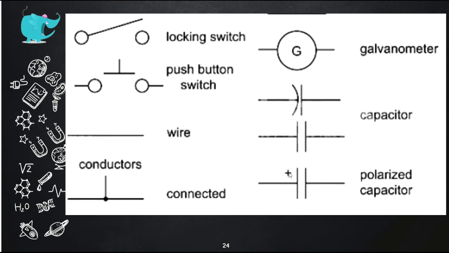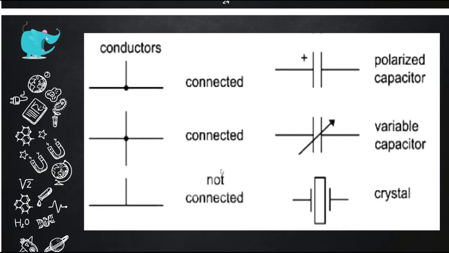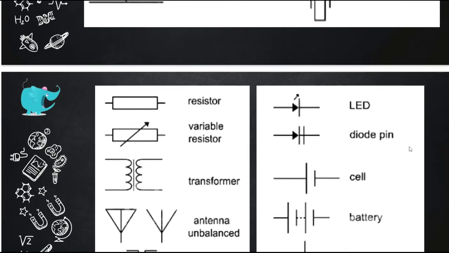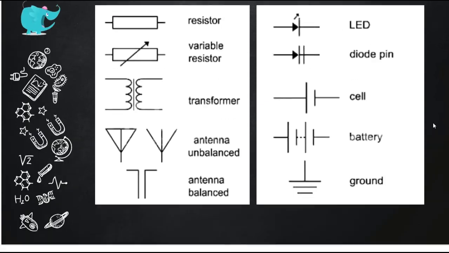This is a capacitor with polarity. Whenever you see a plus sign or negative sign, it is because the component or the symbol indicates a positive and a negative side. Different types of lines also, and then capacitors, different types of resistors, two types of antennas, and then LEDs.